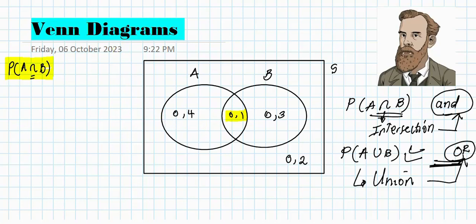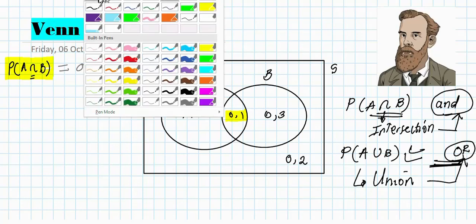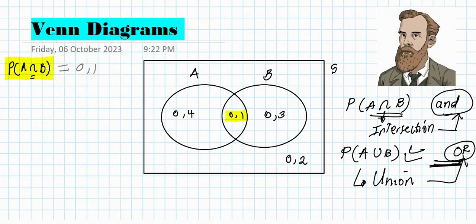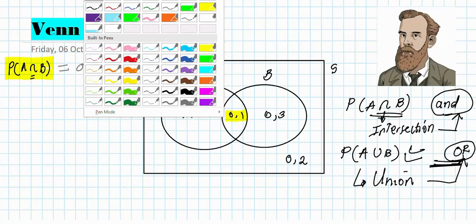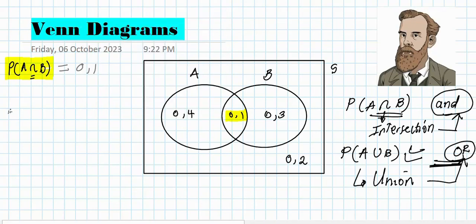That's the intersection, but I hope you know that at this point. So when I ask you for the intersection of A and B, you just give me the probability of that intersection. This is too light. Let me choose a darker pen. Darker pen, here we go.